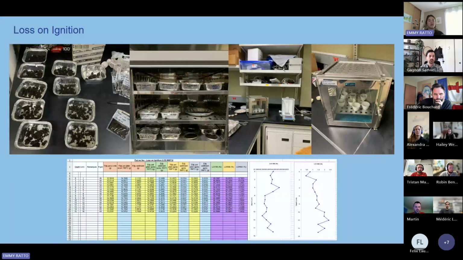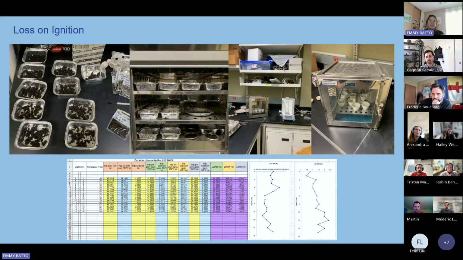After doing some background research to better understand the topic, I began working in the lab on the sediment cores collected in 2023. I used the loss on ignition method, which involves heating samples to different temperatures to measure their organic matter and carbonate contents.